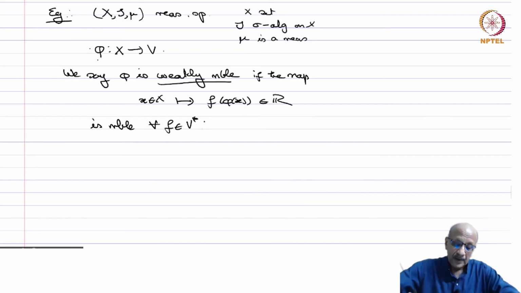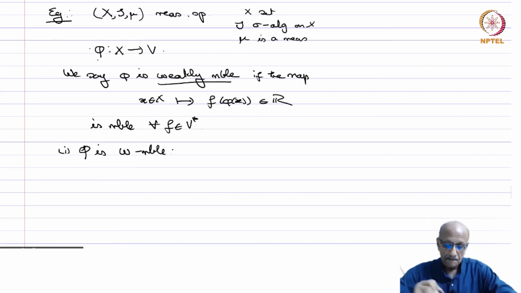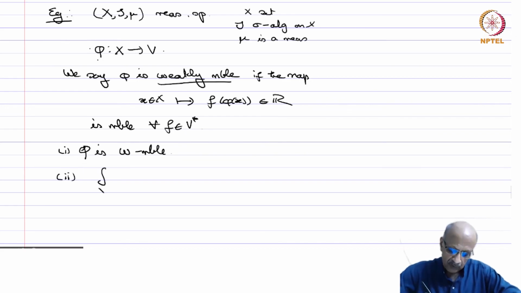Okay. So now let us assume three things. One, we assume that phi is weakly measurable. Two, the integral over X of norm phi of x d mu of x is finite.